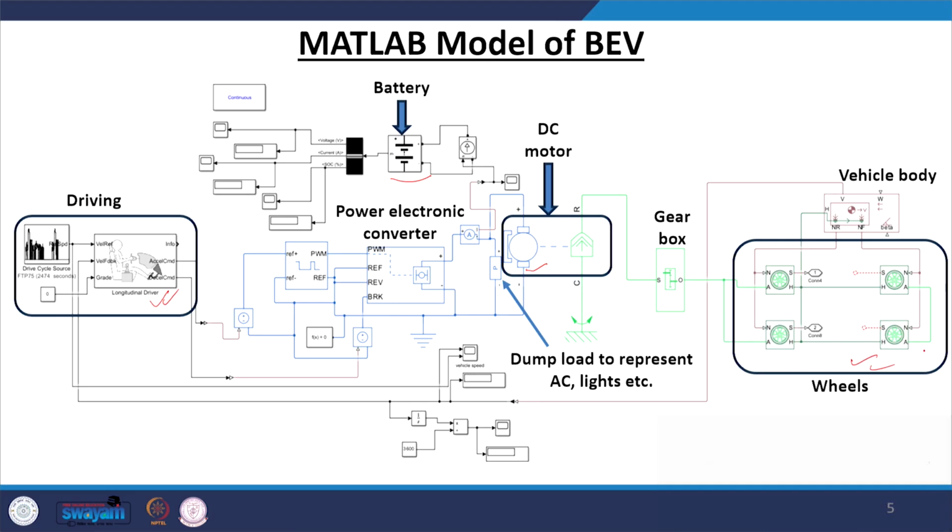You drive your car with the help of the vehicle body and the wheels, which are run by this DC motor, and that DC motor is supplied from this battery. Then you have a few dump loads just to represent the AC and lights in the car.